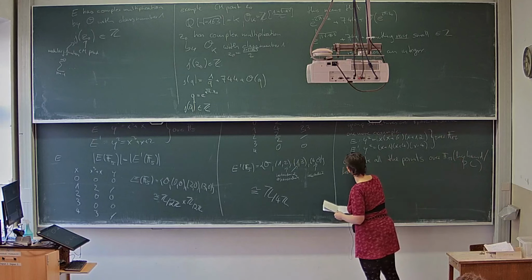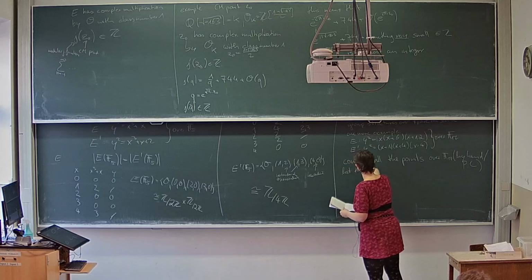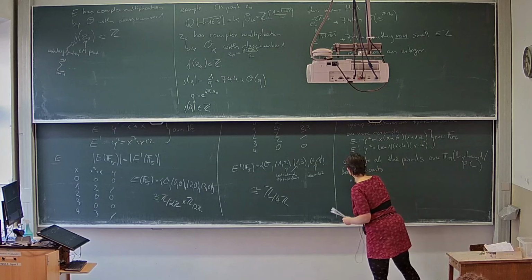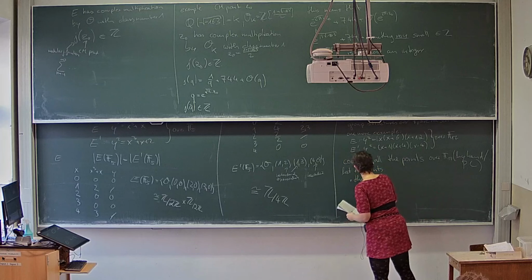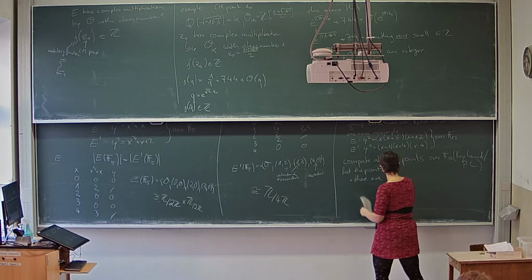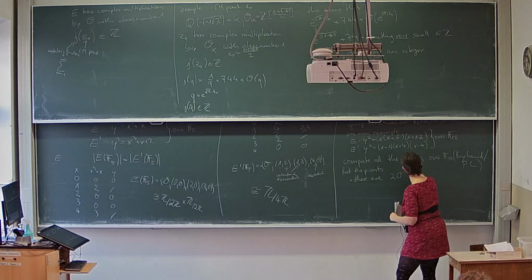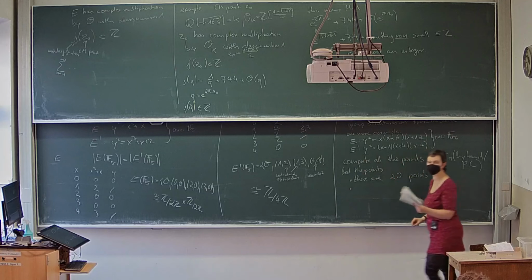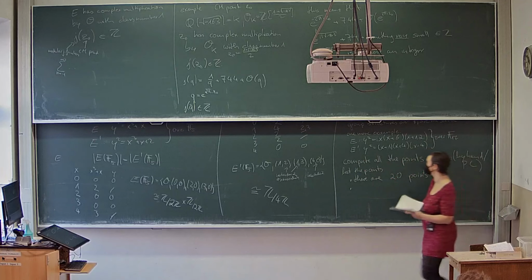Well, we can list the points and see there are 20 points. And we would also see that there are 3 points of order 2 because they have y coordinate 0.